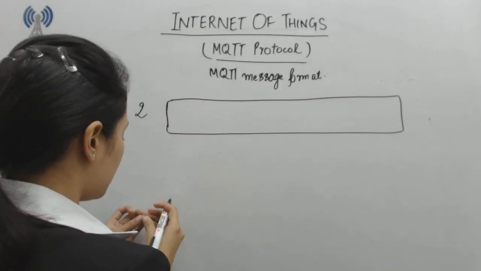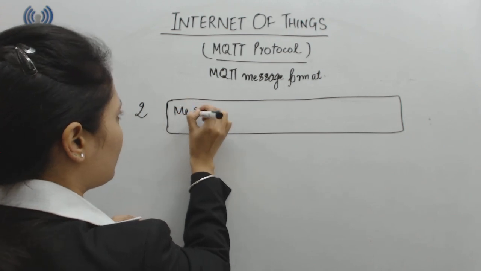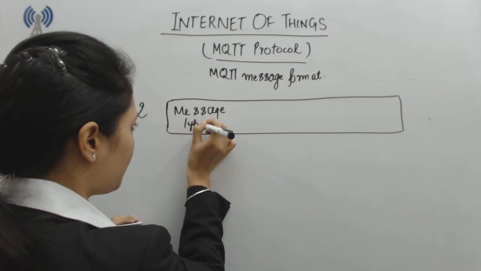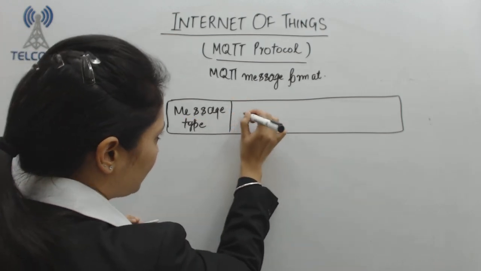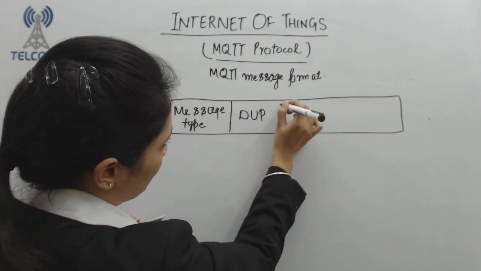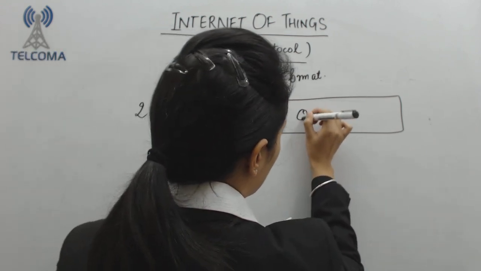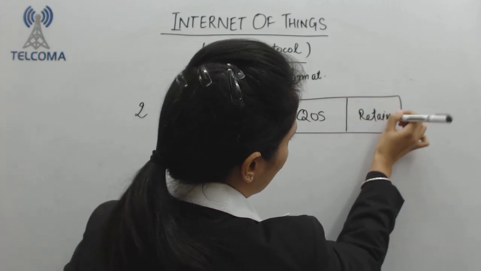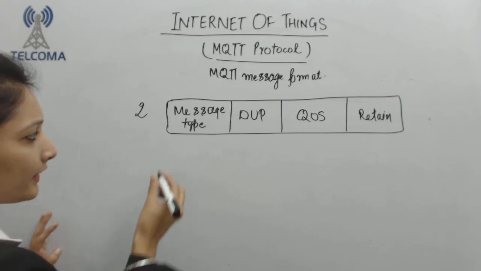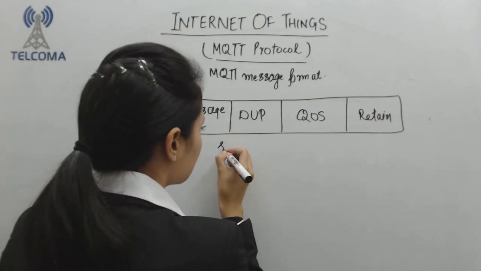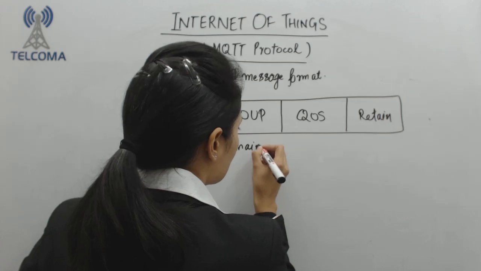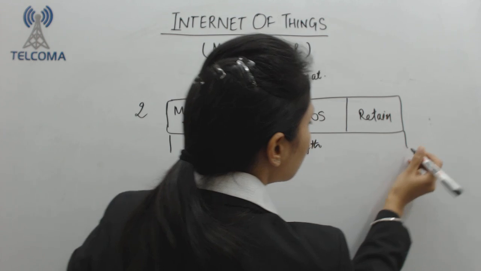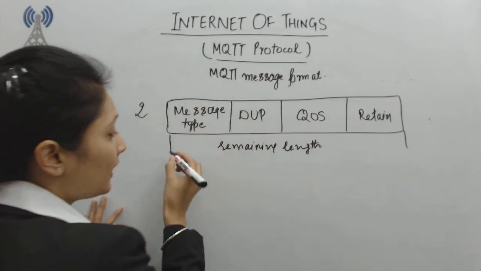First of all, it has the message type, then you have DUP, then QoS, and then retain. So this is your mandatory field. After that, remaining length, which basically indicates the number of bytes if there are any remaining.